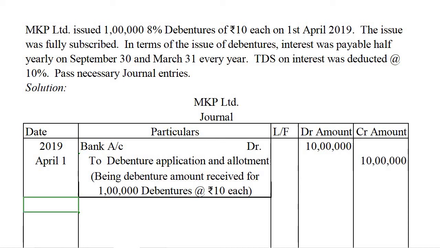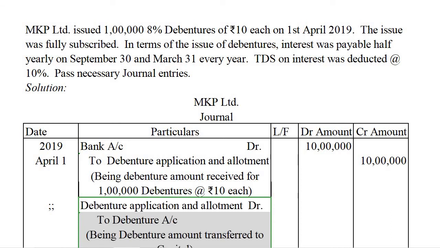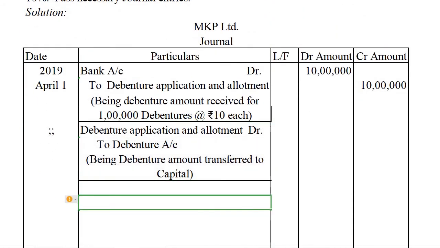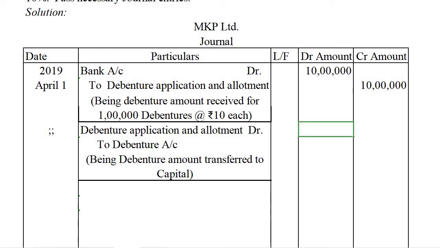This amount will be transferred to debenture capital. So the journal entry will be debenture application and allotment debtor to debenture. Instead of debenture, you can even write debenture capital account, because this amount will be transferred to debenture capital. Amount 10 lakh.